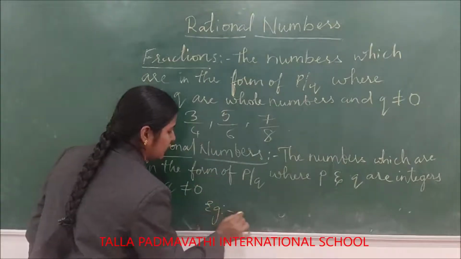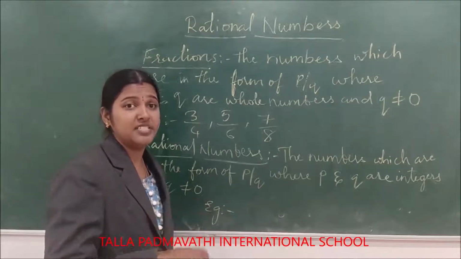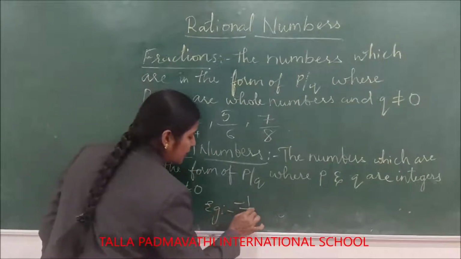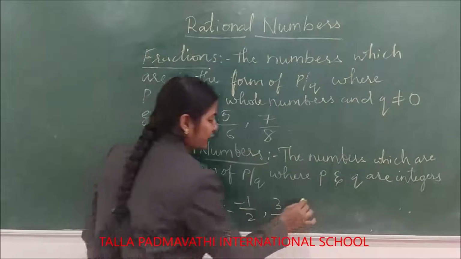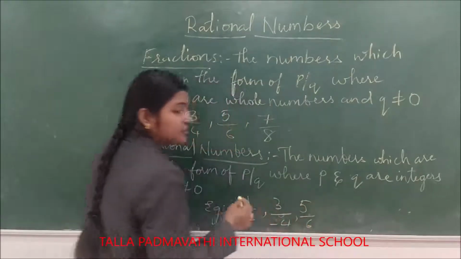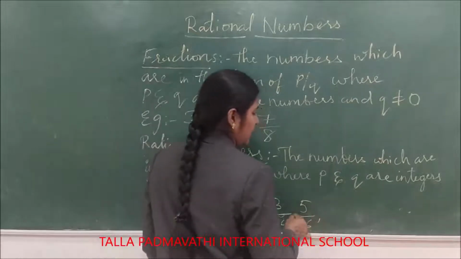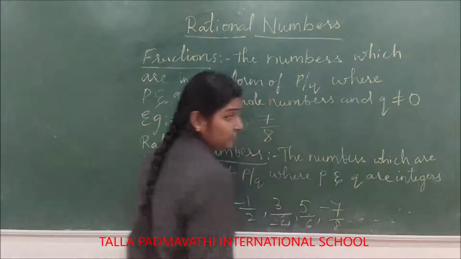Example now you can take. So integers means you will be having negative numbers, positive numbers along with a 0. Right children? So you can have minus 1 by 2, 3 by minus 4 or 5 by 6. Integers means you can have even the positive integers also, and you can have minus 7 by 8 and so on.